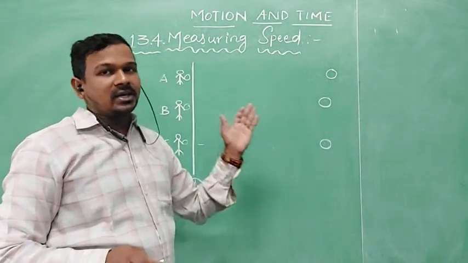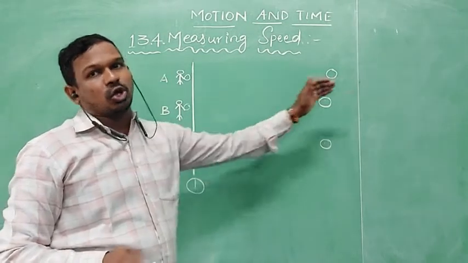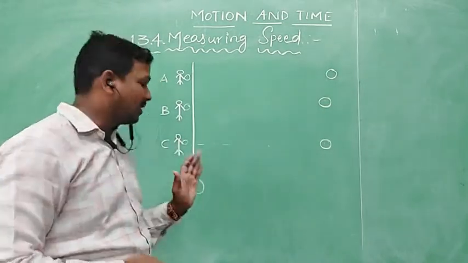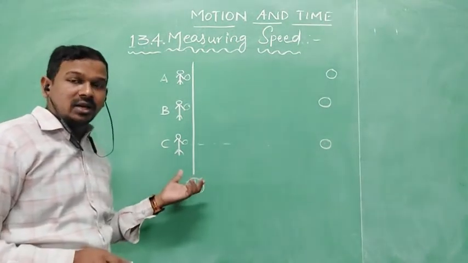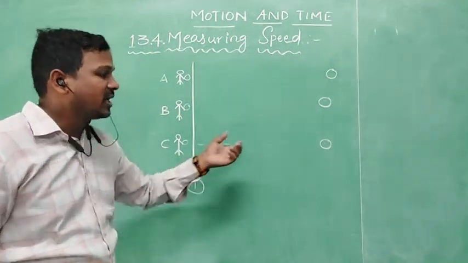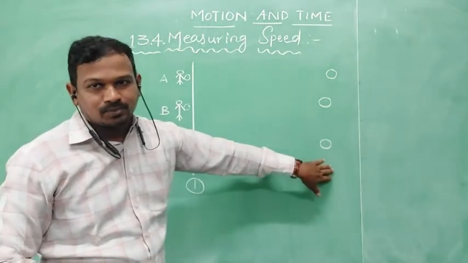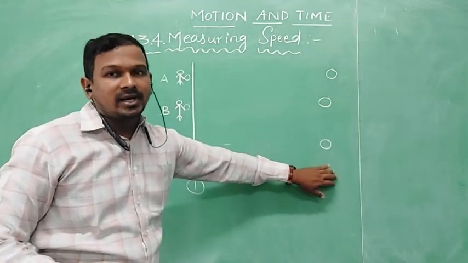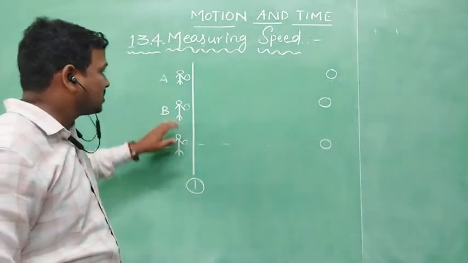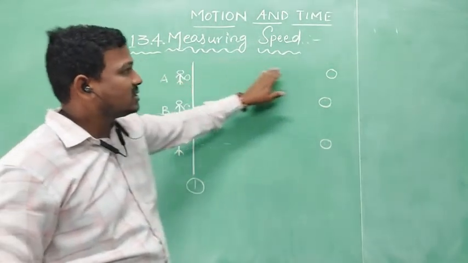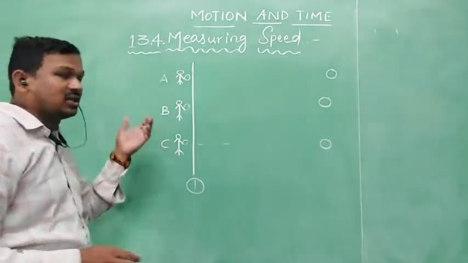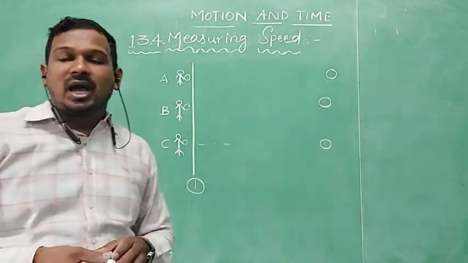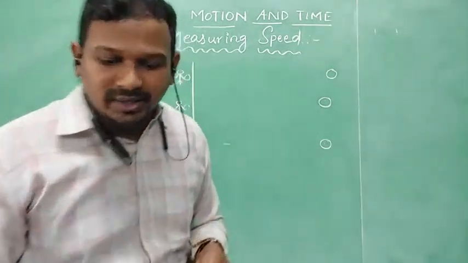Now, from the starting point, at the line, with the help of a timer, I calculated the time taken by the ball to stop. From when the ball crossed this line, how much time it took to stop. That time I calculated, as well as the distance covered by that ball. So based upon this activity, I framed a table.